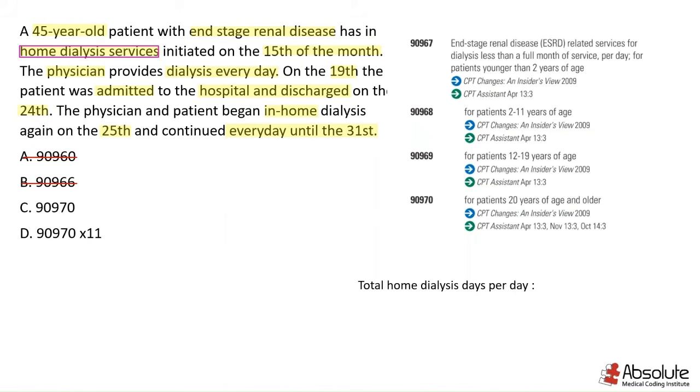Per day for patients 20 years of age or older, that's what 90970 is coding for. And the age of the patient is 45 in our case. So that's why we picked 90970. But still option C is wrong. You know why, coders? You know why?